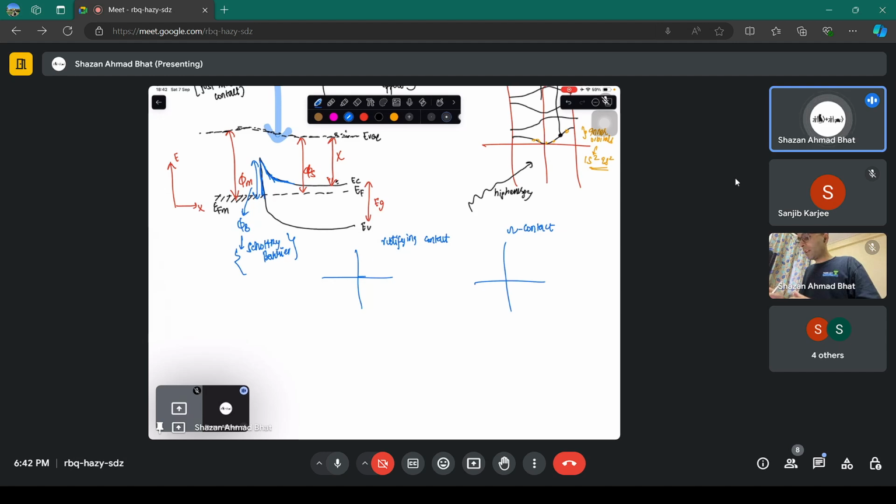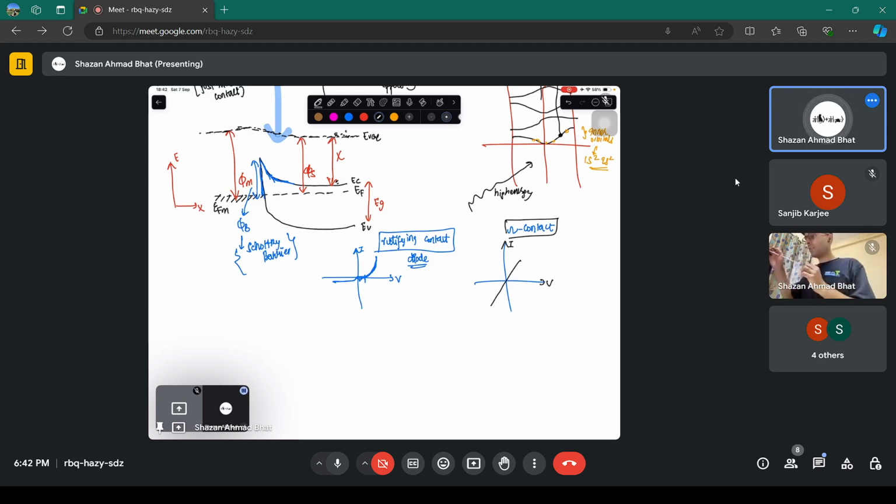In rectifying contact, the current behaves like that of a PN junction. The IV looks something like this. The current only increases after a certain voltage, and if you apply it in reverse mode, there is no current. That is rectifying contact, just like a diode. And ohmic is just like Ohm's law, V equals IR. A straight line.